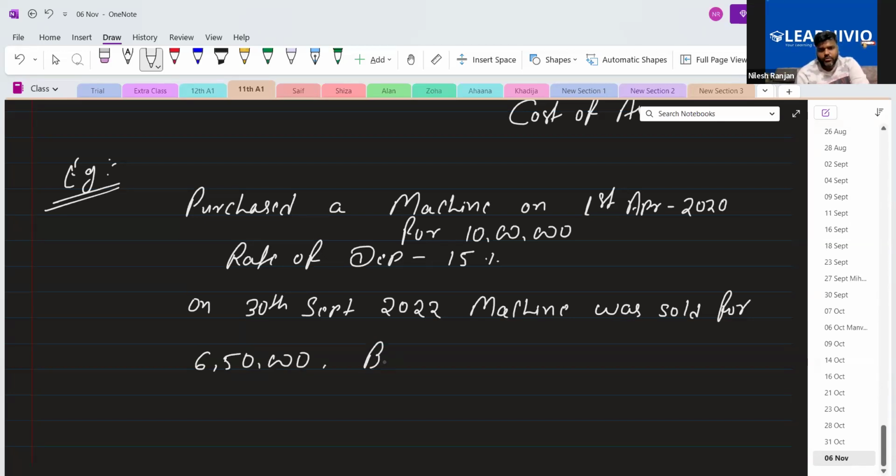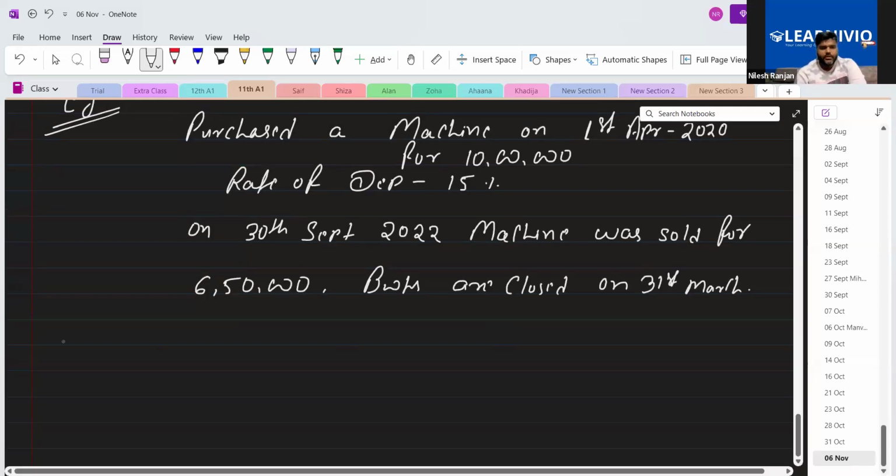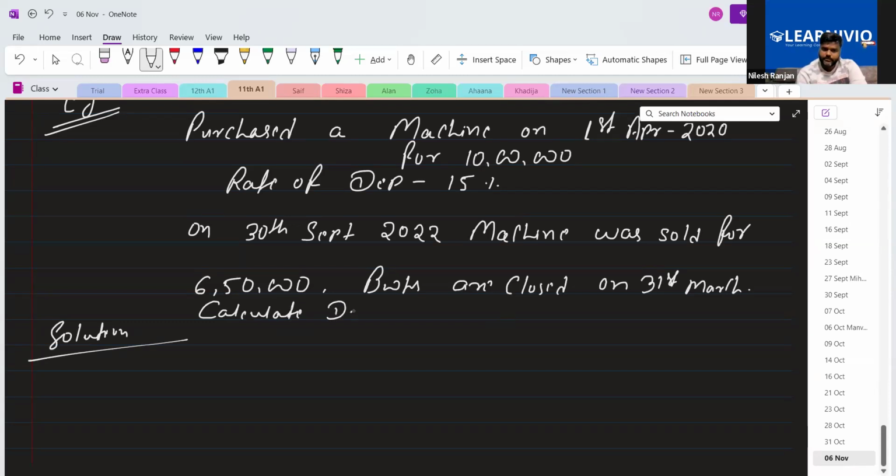The books are closed on 31st March every year. So this is the question. Now, as per the concept of the straight line method, calculate depreciation as per SLM, the straight line method.